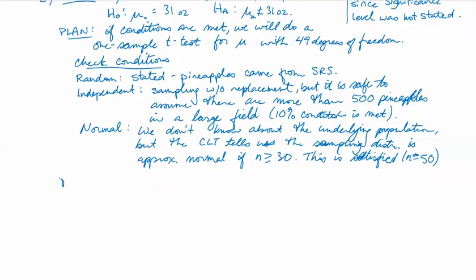So finally, do. We were given x bar equals 31.935, and the sample standard deviation is 2.394, and so we will use our calculator, and we're using the t-test.